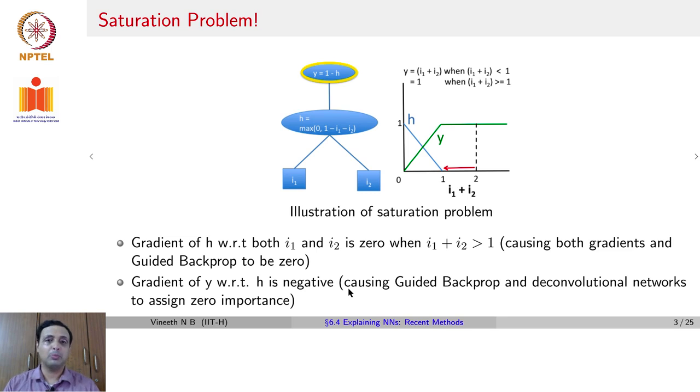Remember that in guided backprop, we said that any negative gradient would also be made 0 when you backpropagate, which means even when I1 plus I2 goes from 0 to 1, even in that range, the gradient of y will be negative and we'll make it 0 due to the guided backprop approach. Which means the gradient is now always going to be 0 everywhere, which is not going to be useful at all. We call this the saturation problem.